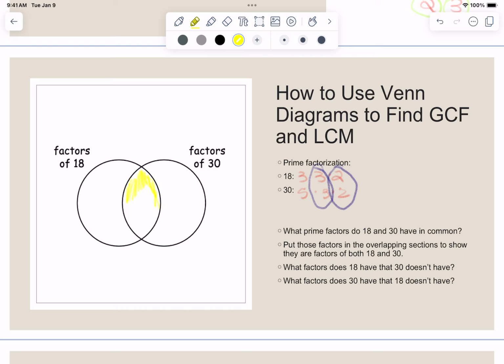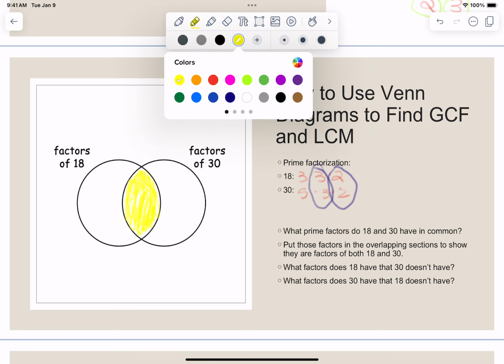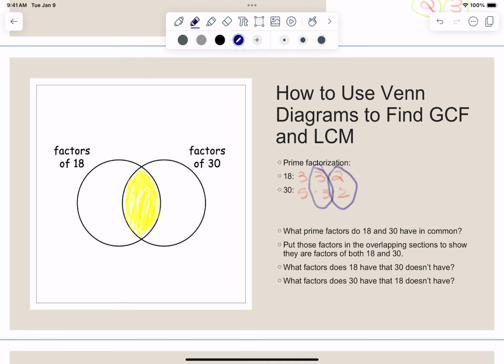This is where the two circles overlap. So I'm going to color that in. And we're going to write down the two factors that these two numbers have in common. The two numbers they have in common are 3 and 2, so we're going to go 3 and 2.